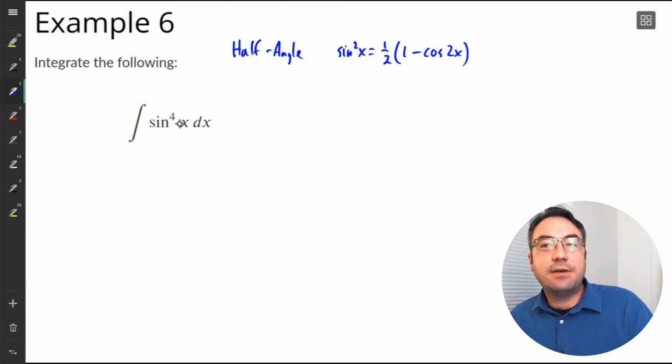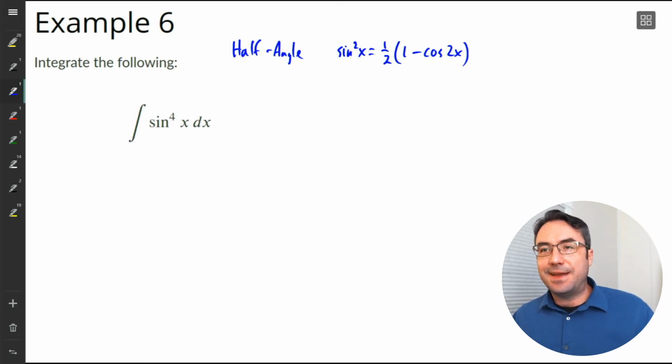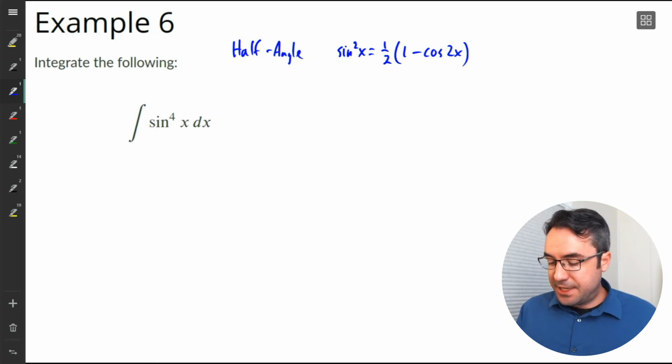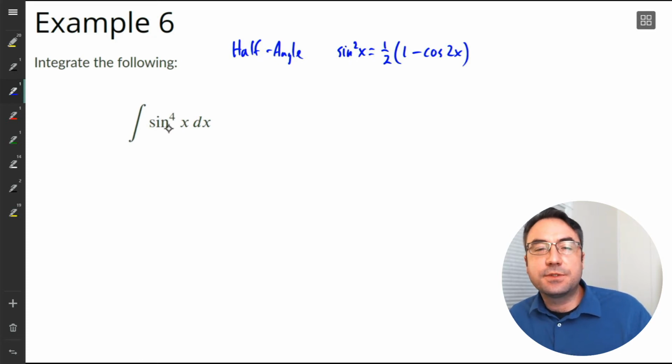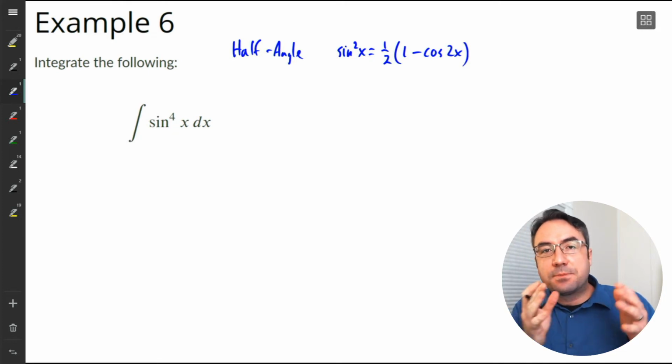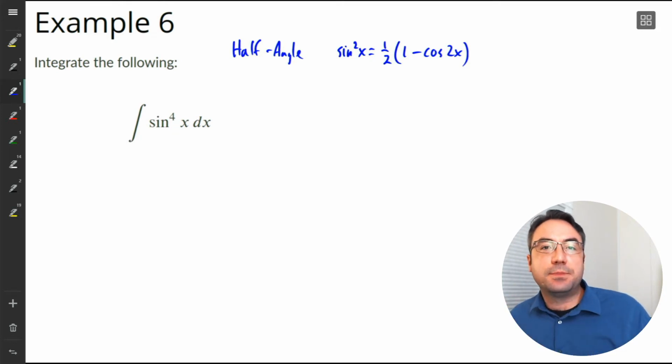So right now we have it as sine of x raised to the power 4. So the only extra step here is, if we have these higher even powers, just break them up into multiples of sine squared and cosine squared.